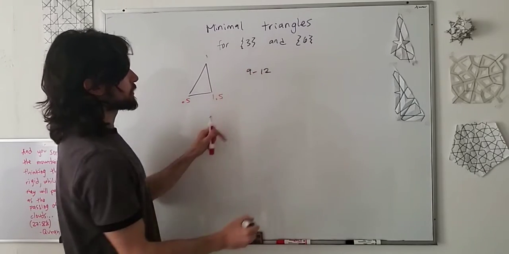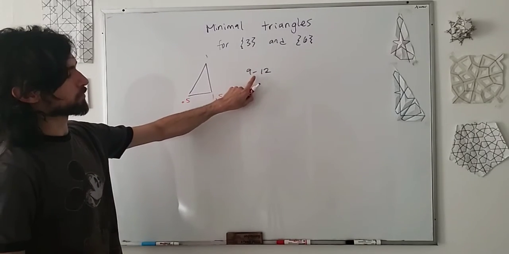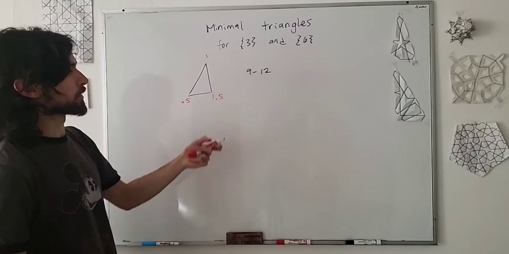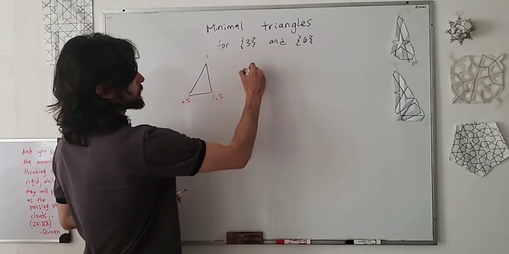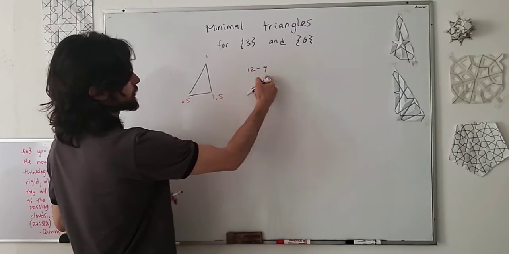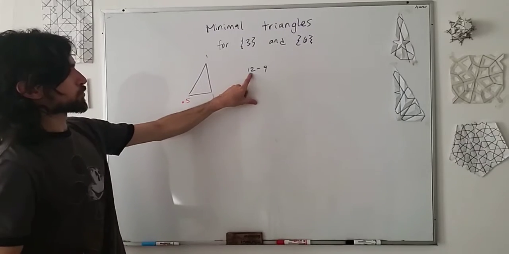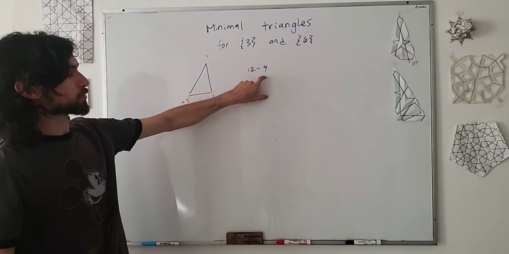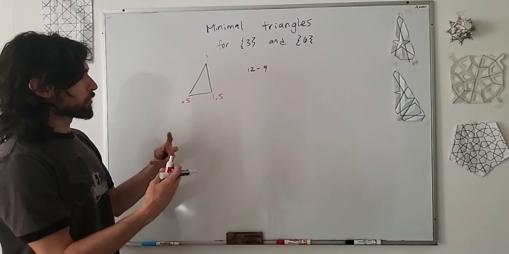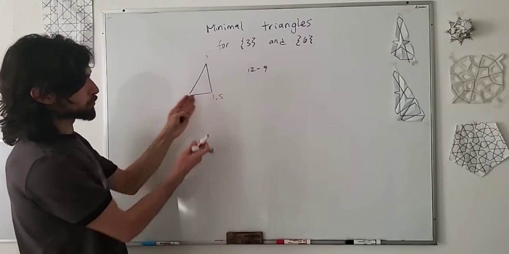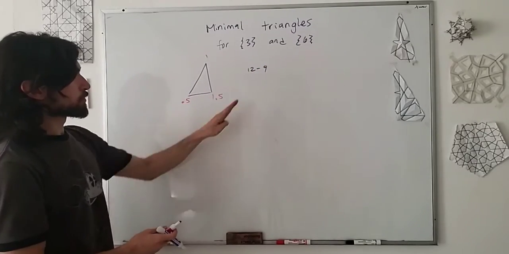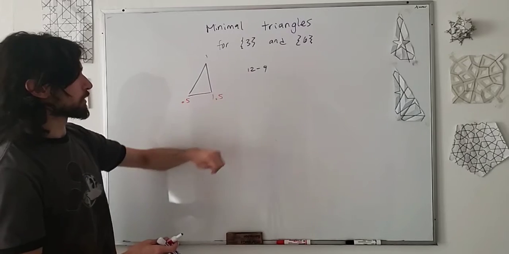You're actually going to see these kinds of numbers combined. We can call it the 9-12 or the 12-9. I think it is better to write the 12-9 because 12 is higher than 9. So there's going to be a center of 9 and a center of 12 interacting. And we can use this minimal triangle to break down and find this pattern.